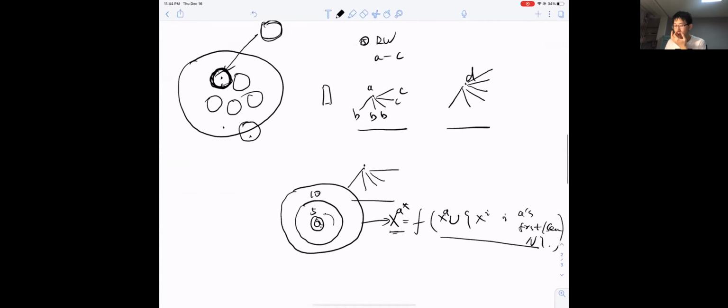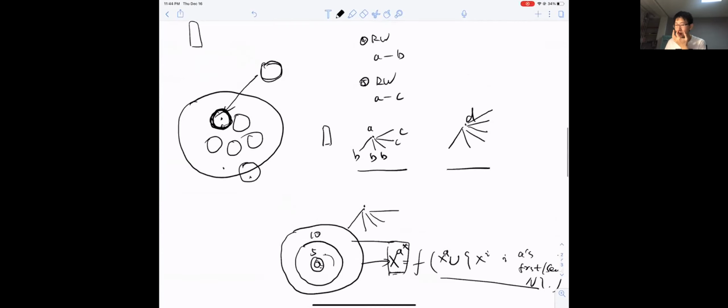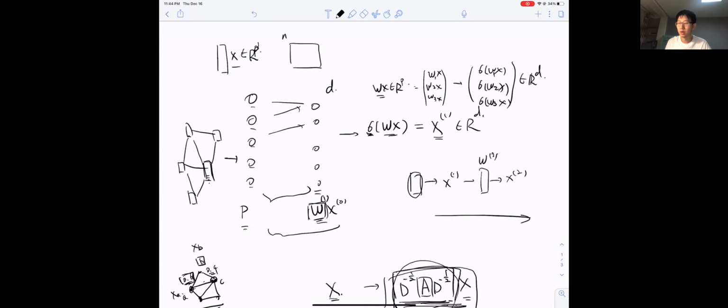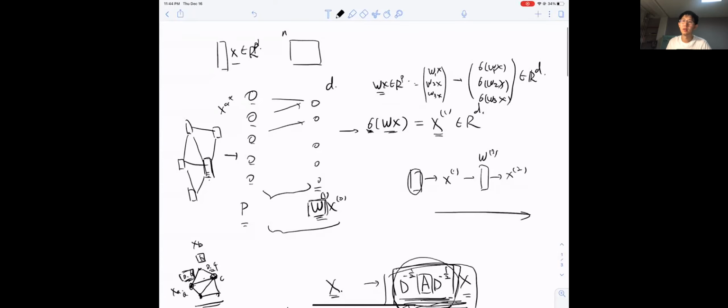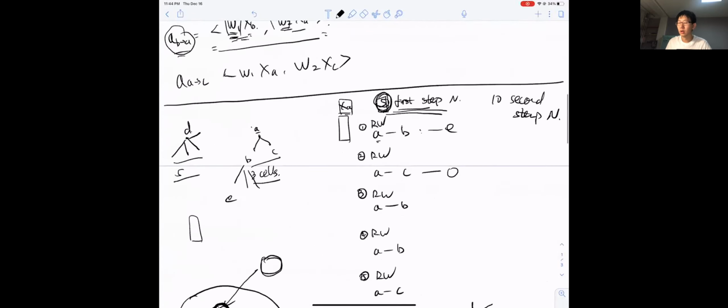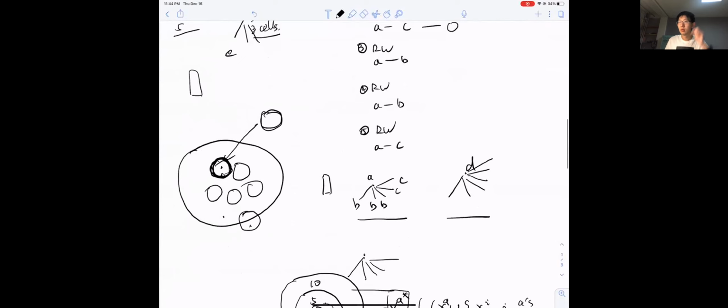And now this one can be the input of a one layer neural network. So now the input of this one layer neural network is not XA, but XA star. This is the one that aggregates all the information of its neighborhood.